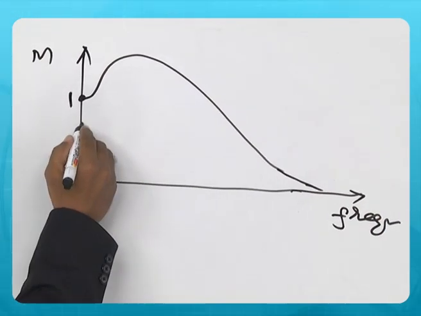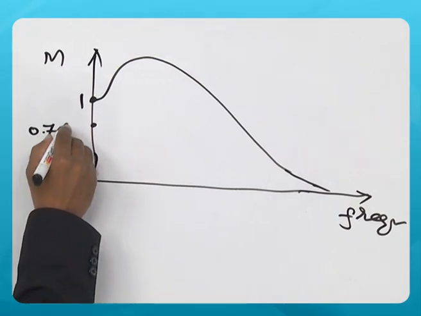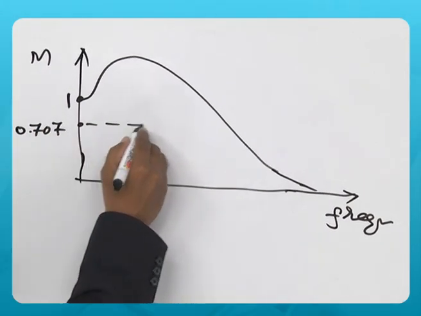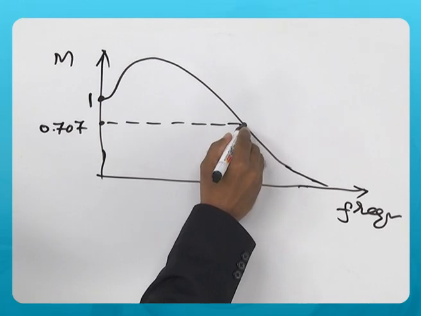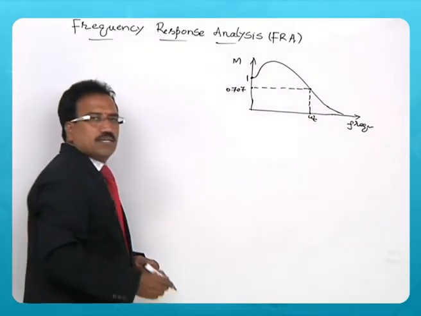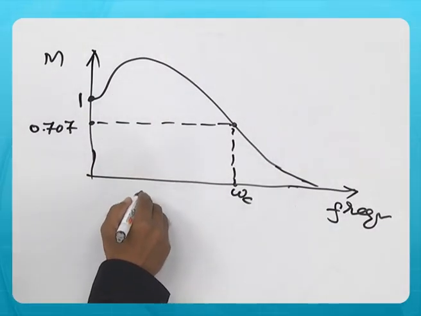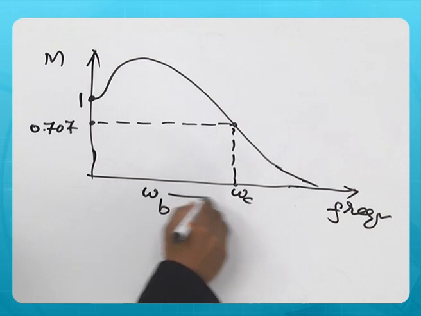The value of 0.707 corresponds to omega c, the cutoff frequency, and this will be the range of frequency, that is, bandwidth is defined this way.